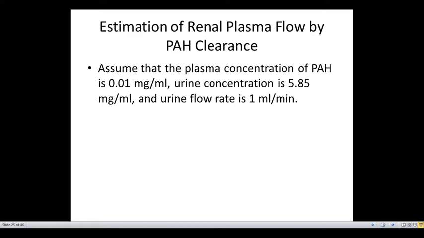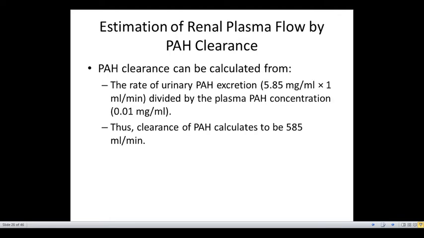Assume that the plasma concentration of PAH is 0.01 milligram per milliliter. Urine concentration is 5.85 milligram per milliliter and urine flow rate is 1 milliliter per minute.